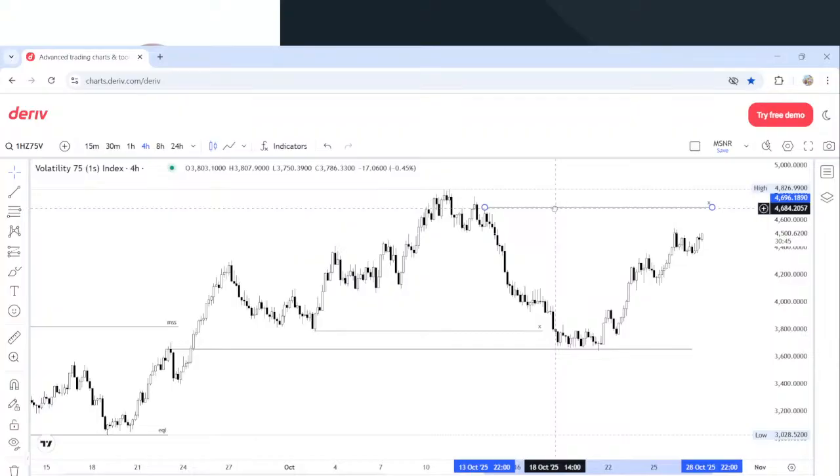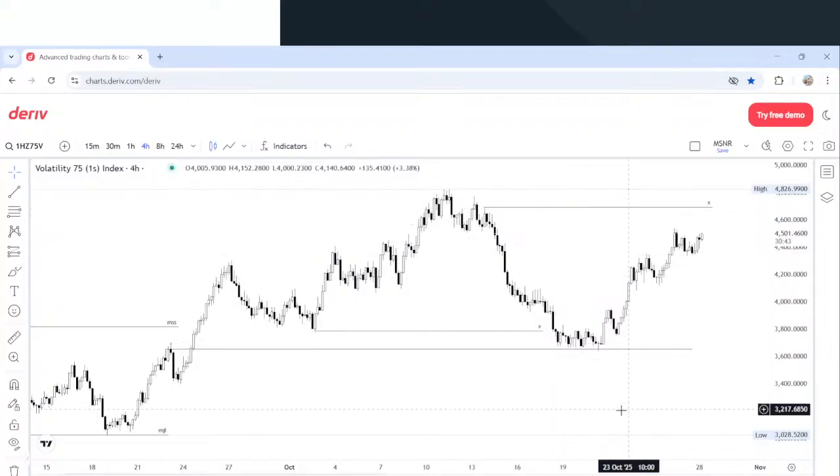This is my liquidity, because I saw this one. The first one was taken out by this one, and then this one was taken out by this one. So now the support, the resistance is going to be here.